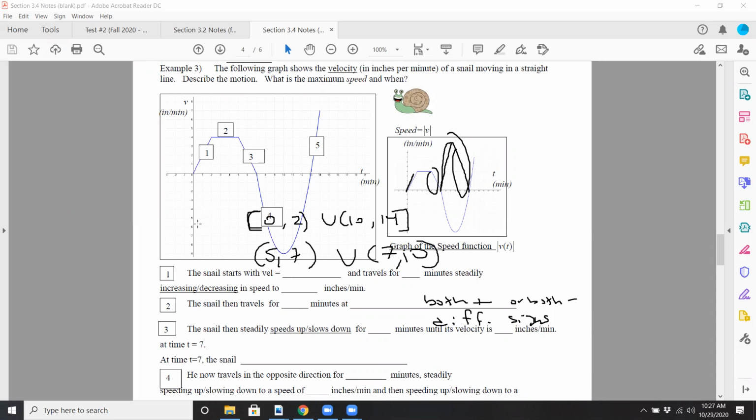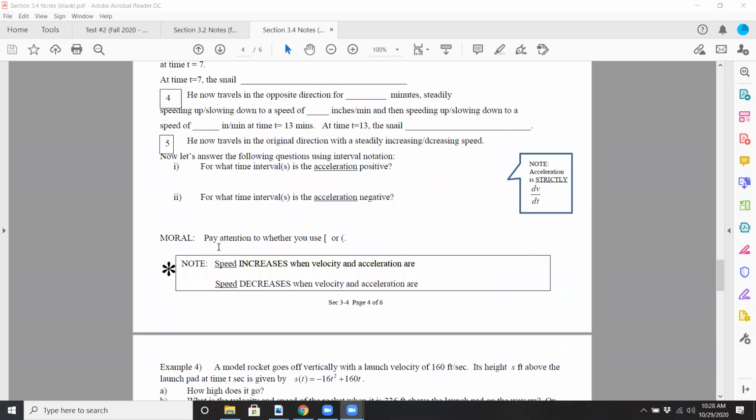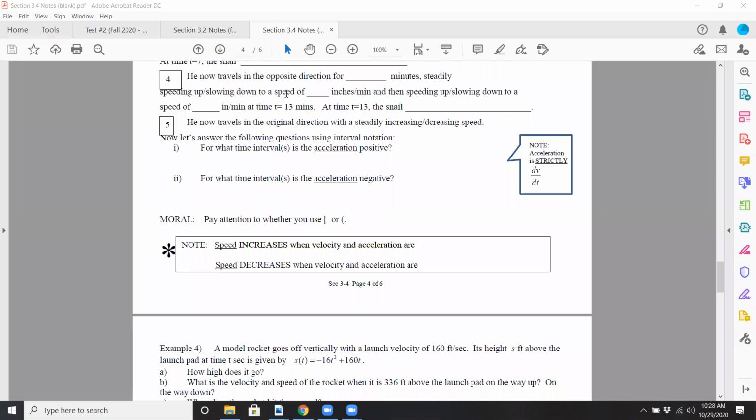So, and we could probably say, just to finish this off, that we're speeding up from 0 to 2. And I'll just use open intervals for that. And that's because sometimes your velocity can be 0. So I want to be kind of careful about that.